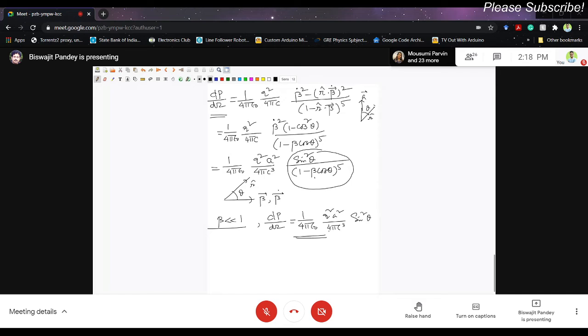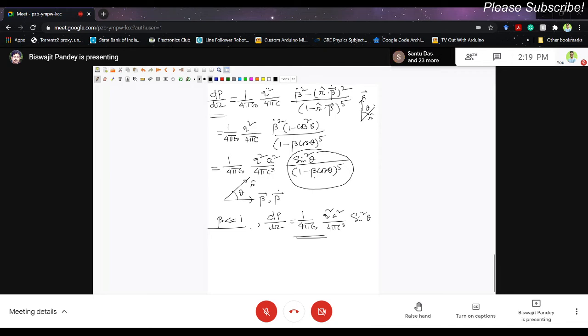The Larmor formula has to be obtained by integrating this. This is the Poynting vector that we obtained for the non-relativistic case, where we had sin squared theta by r squared. You should understand the difference between this Poynting vector and dP/dΩ: here we have multiplied with the area, so r squared got cancelled.